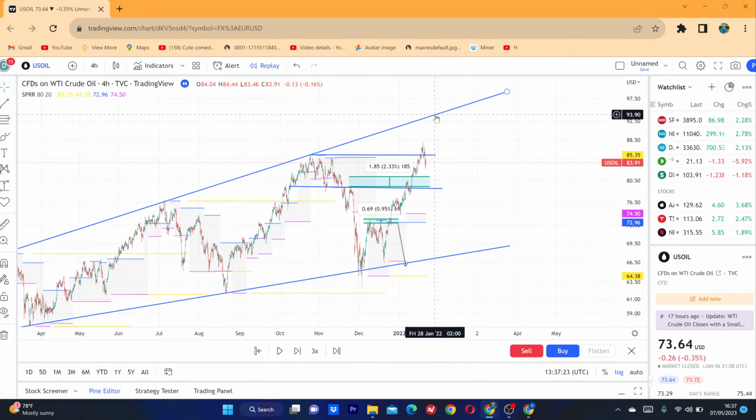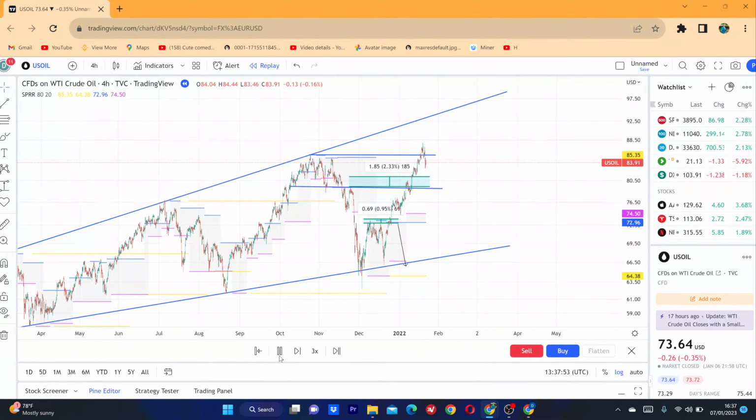If it touches that point again and starts going down, then you know the market is going to go down by many points. Those are the things that you observe on the market. The moment you learn these things, they just become automatic. You just know them, and then you understand them.